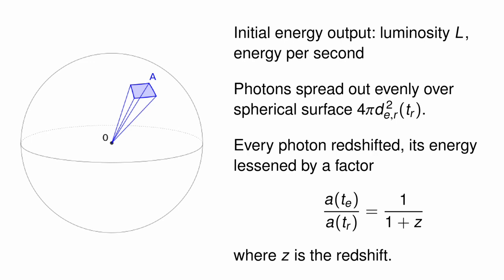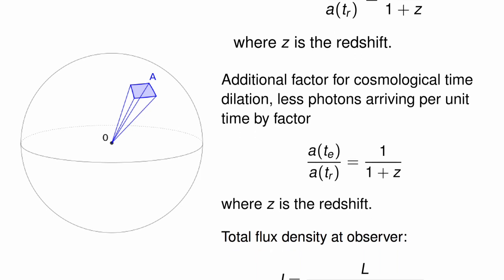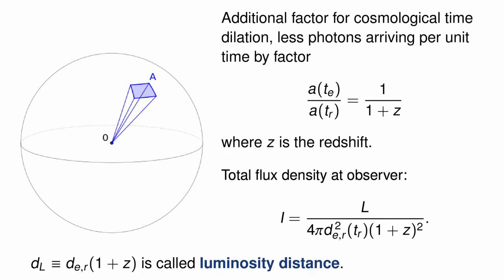But then there are additional effects. What I really want to measure with the detector is how much energy reaches the detector per unit detector area, per unit time. But as we have seen, the photons are redshifted. So if I'm comparing energy emitted and energy that reaches me, every single photon is redshifted, so that diminishes the energy right there. And that's not all, because we've also seen that there's the cosmological time dilation.